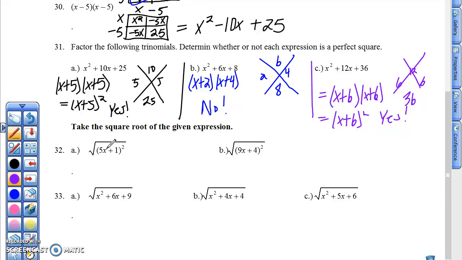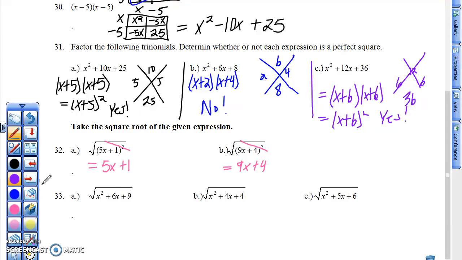A square root undoes the fact that this is being squared, so this would just become 5x plus 1. B, the square root of 9x plus 4 quantity squared. Again, the square root undoes the fact that that quantity is squared. And I just have 9x plus 4.